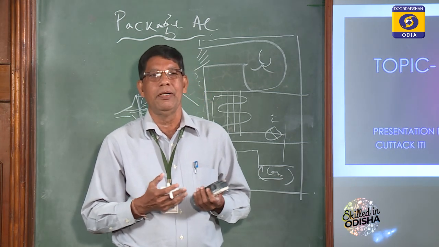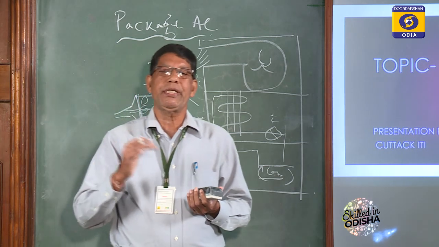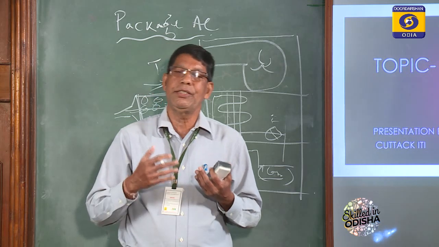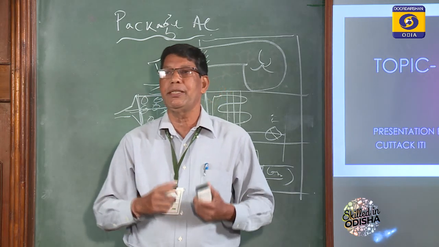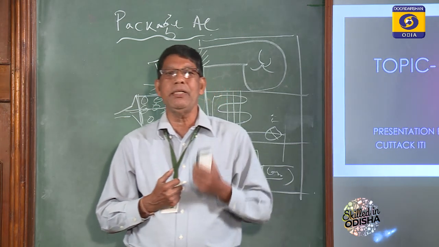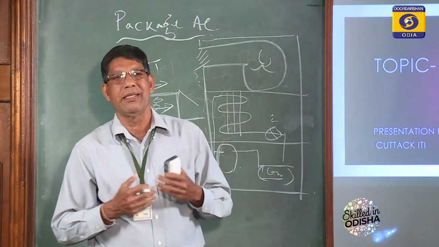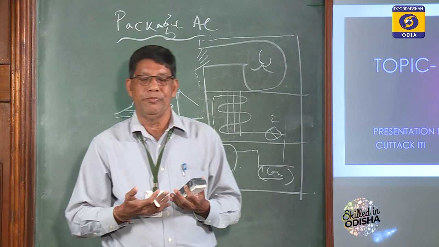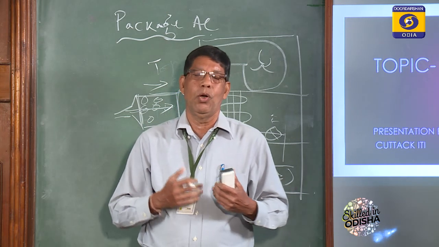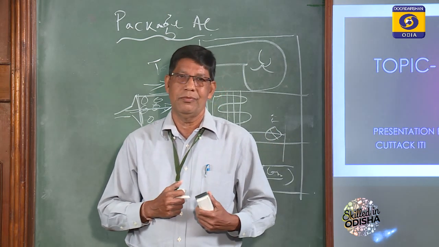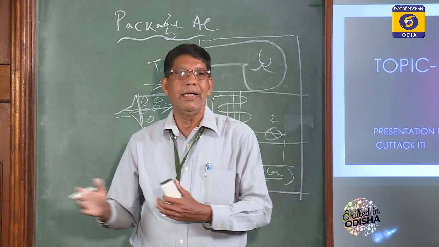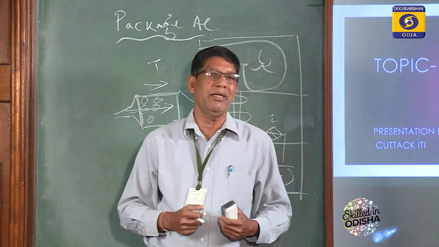The expansion valve is a device which converts high pressure into low pressure. Its other names are metering device or controlling device. It controls the flow of refrigerant according to requirements. When the load is more, when there are more people, it allows more refrigerant to the evaporator.